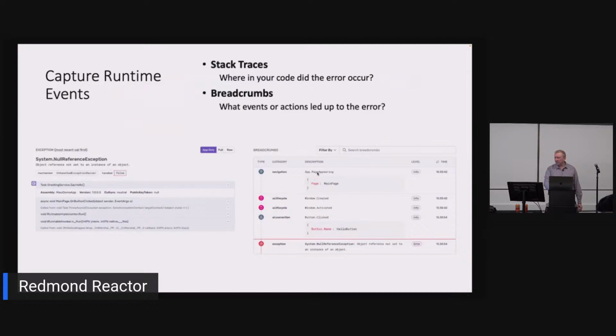Well, what happened leading up to there? So it looks like there was a page appearing, and then a window was created, and then a button was clicked. The button was called hello button, and then I got the NRE. And the nice thing about that also is I can see the timeline of that thing happening. In this case, there's a 2-second gap between when the window was activated and when the button was clicked.